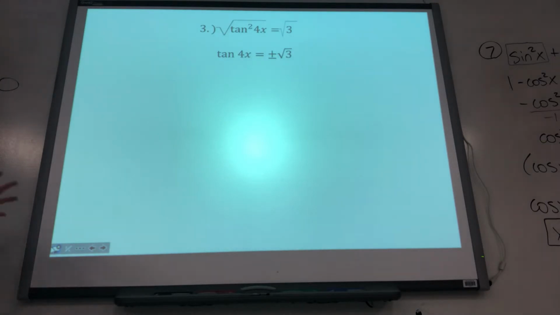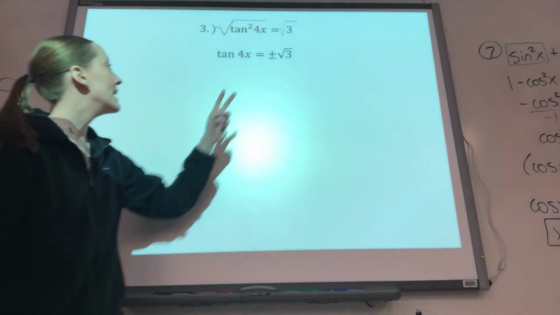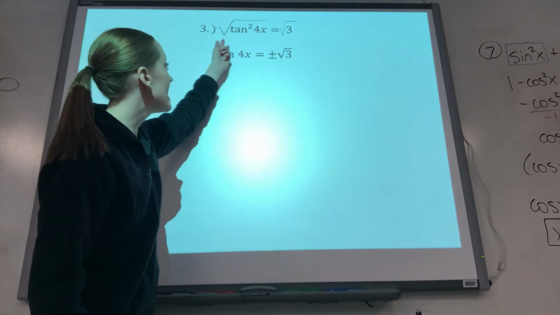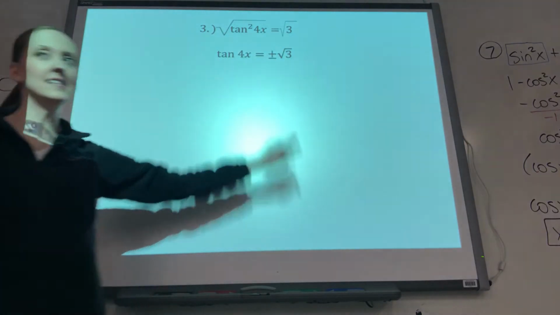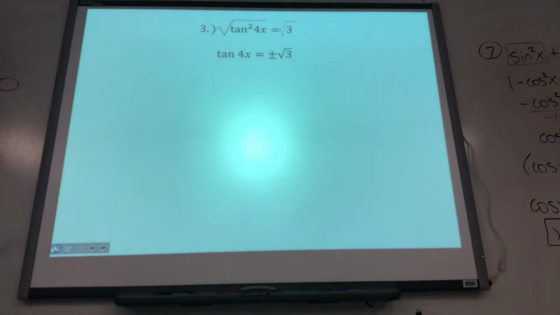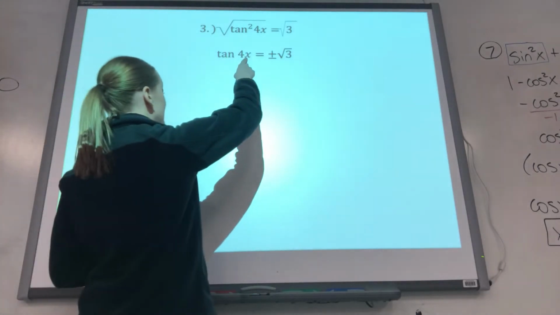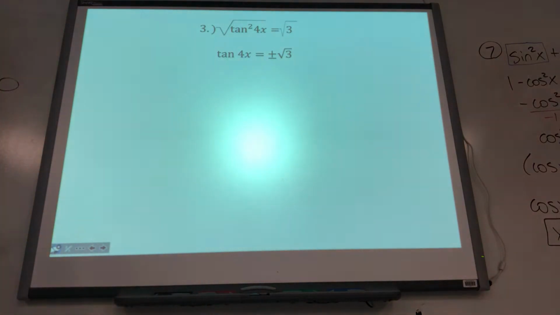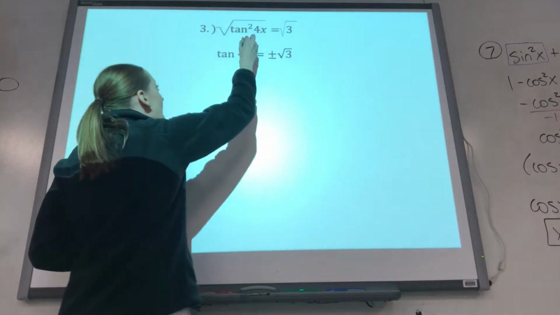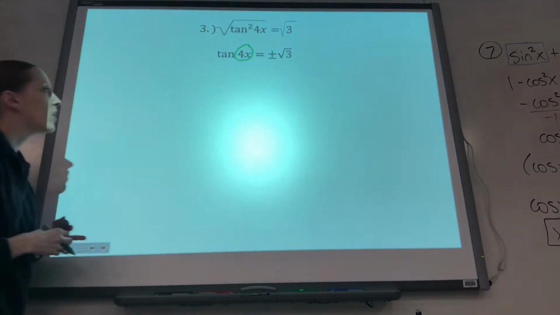It's just going to cancel out with the square. And since I did square root both sides, I have to put plus or minus square root of 3. Now, it's not just x, it's 4x. That is what makes it a multiple angle.